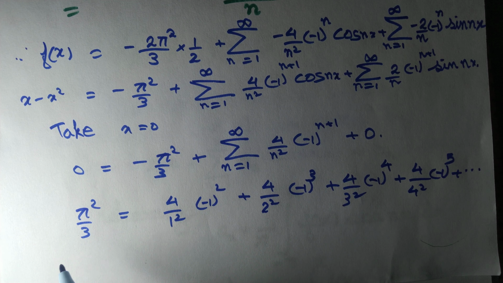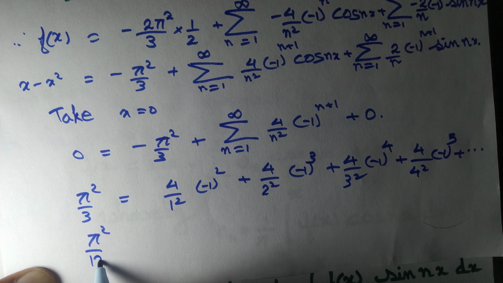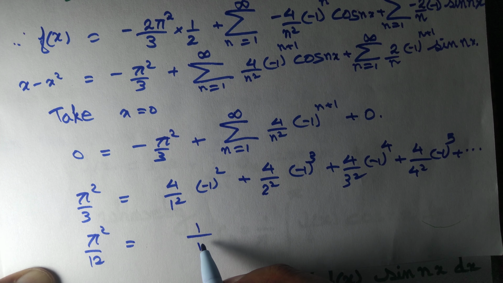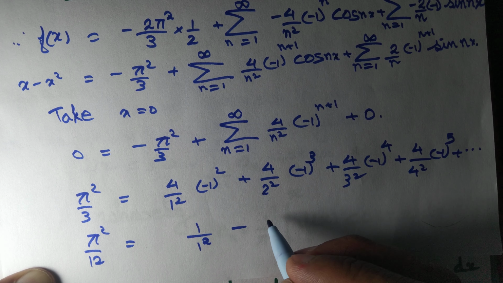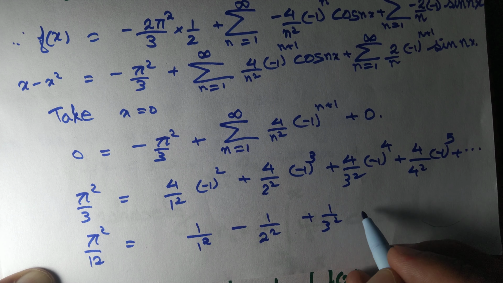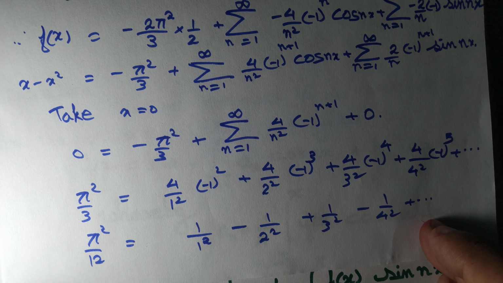Now take 4 to the left hand side, so you'll have pi square by 12 equal to, minus 1 square is simply 1, so 1 by 1 square minus 1 by 2 square plus 1 by 3 square minus 1 by 4 square and so on, and we are done.